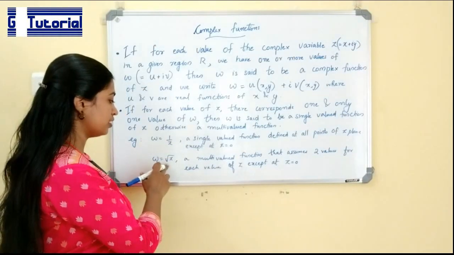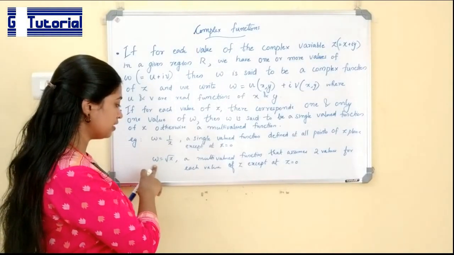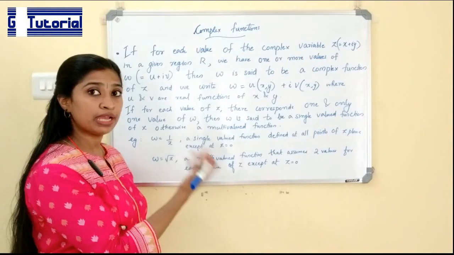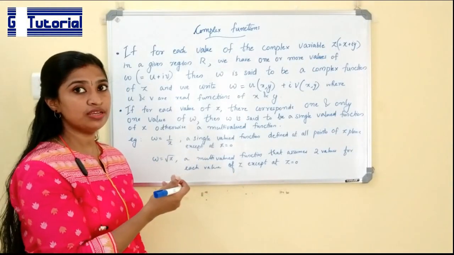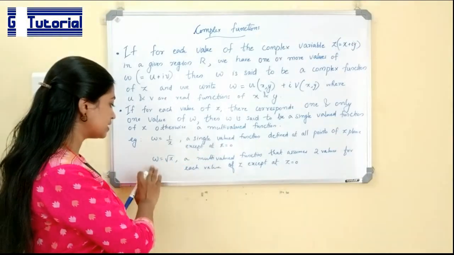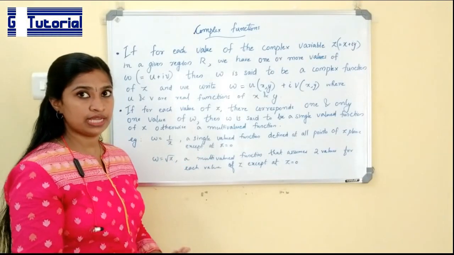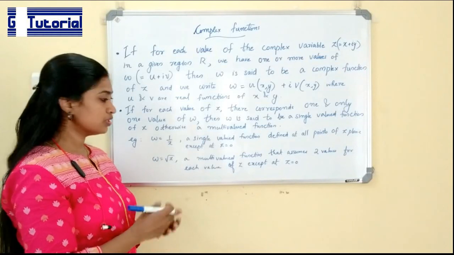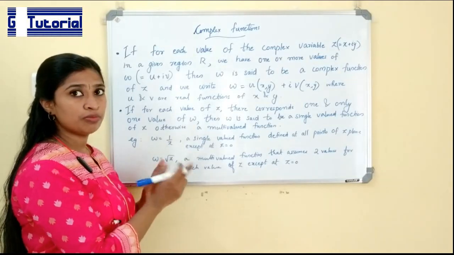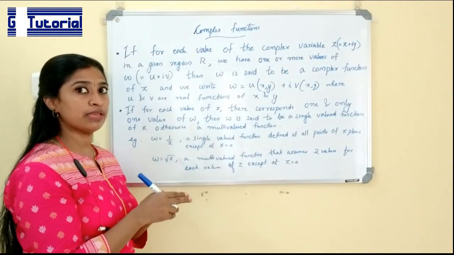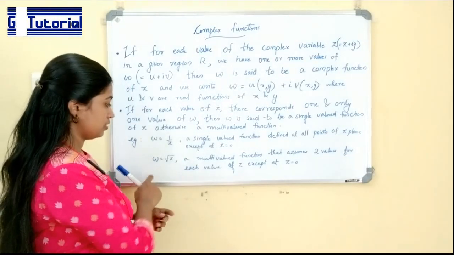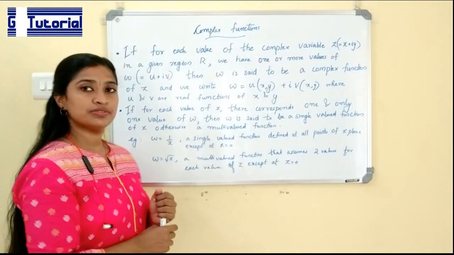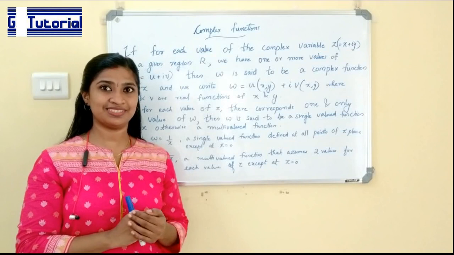Similarly, if we substitute minus 1 and minus 1 for x and y, then we also obtain the same w. So this is a multi-valued function, since both points result in the same value. Okay, now we can move on to the next portion.